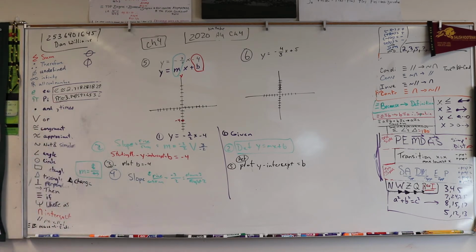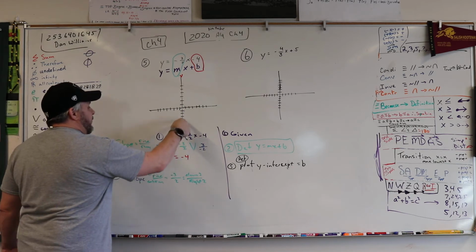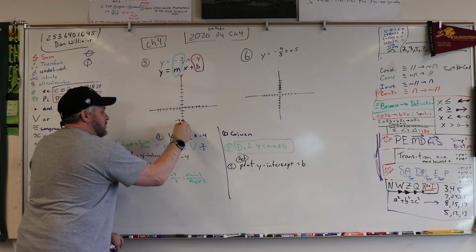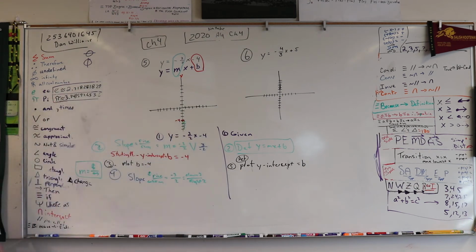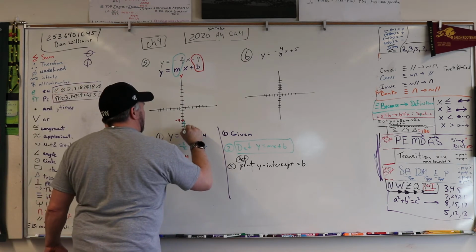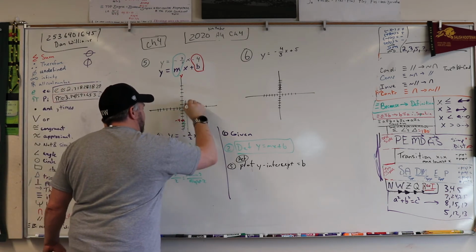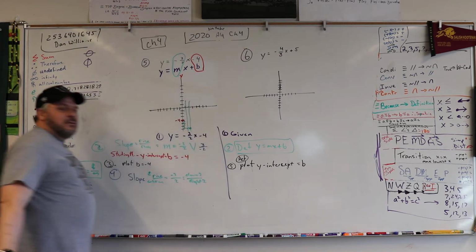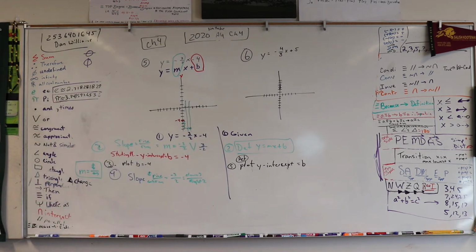It might not help you, but it helps me. So what I can do now is go from this point and go down 3. 1, 2, 3. Okay? And then I go right 2. 1, 2. We make that point. Okay?